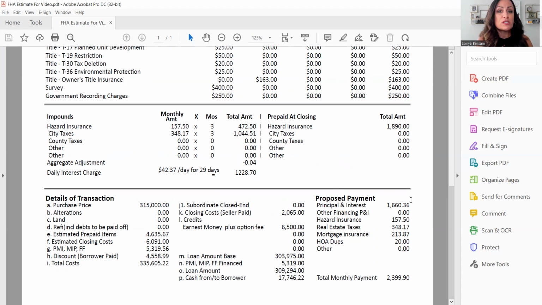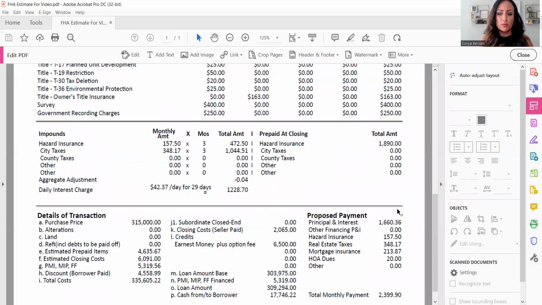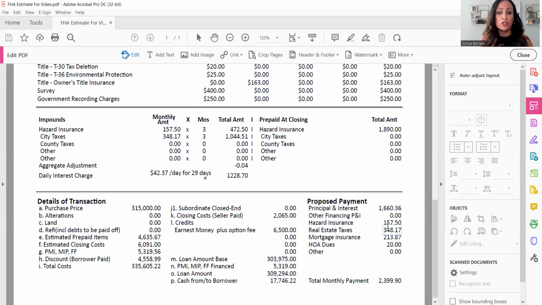Then the last piece on your estimate is your actual payment. So you have it broken out. Here's your principal and interest. Here's your hazard/homeowners insurance, $157. Here's your taxes, $348 a month. Mortgage insurance, if it applies for you, would be there. Now, HOA fees are technically not going to be in your mortgage payment, but you will be qualified with them.